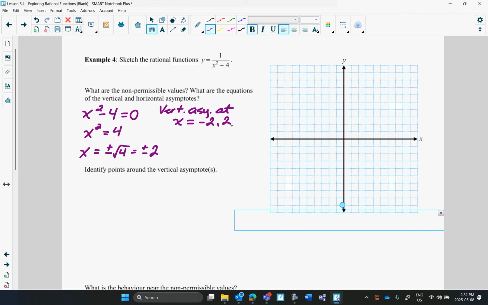So it's going to look like this. Remember, dashed lines and always arrowheads, because asymptotes go on forever. What would the horizontal asymptote be?